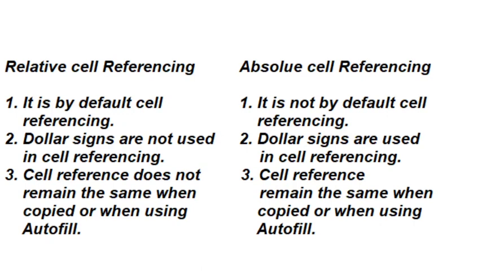Second, dollar signs are not used in relative cell referencing. Dollar signs are used in absolute cell referencing. Cell reference does not remain the same when copied or when using autofill. But in absolute cell referencing, the cell reference remains the same when copied or when using autofill.